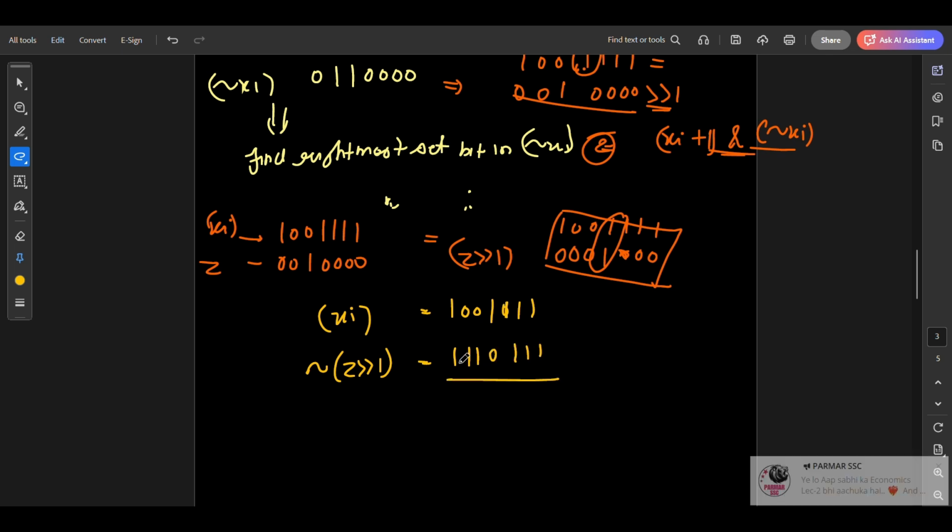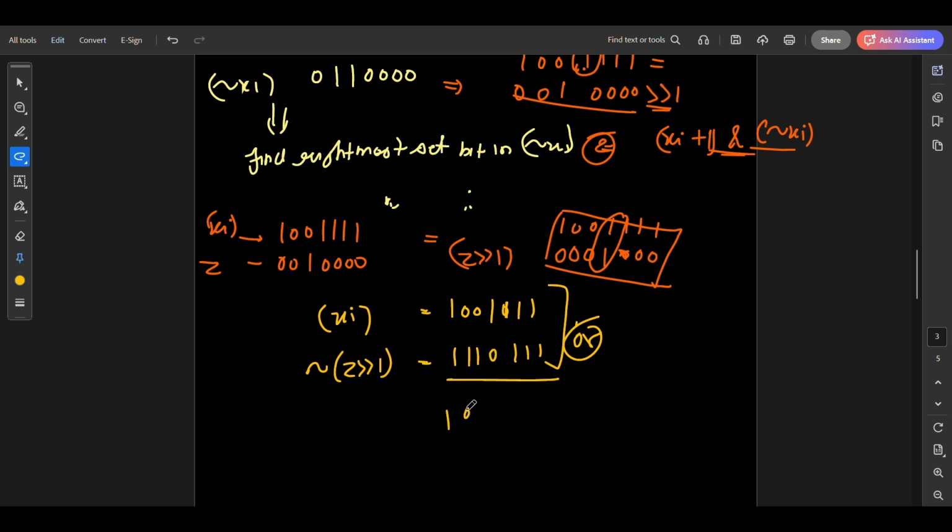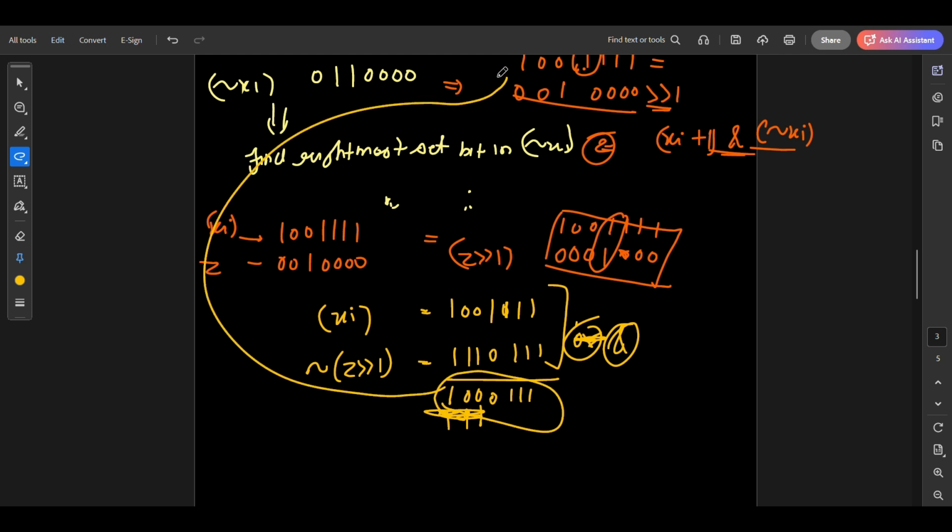Okay, and let's take the OR value of these two. So it will be 1 0 1 1, and we'll take the AND operation of this value. The values will be 1 0 0 0 1 1 1. Okay, and this is the value that we were trying to find initially.